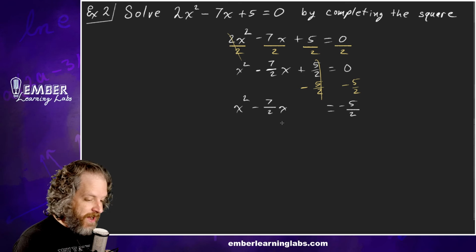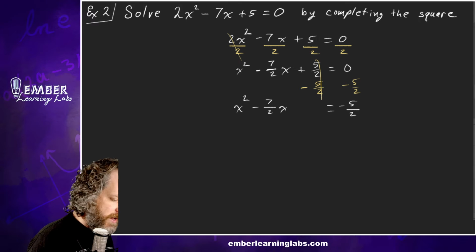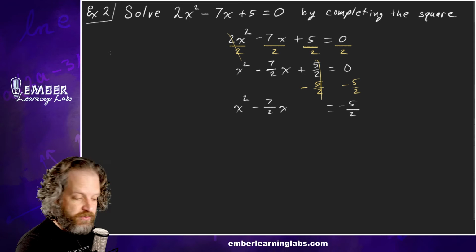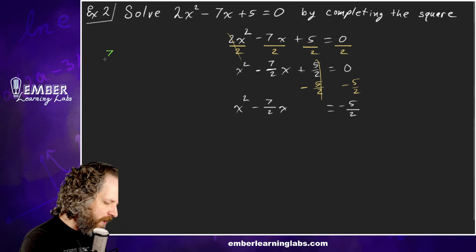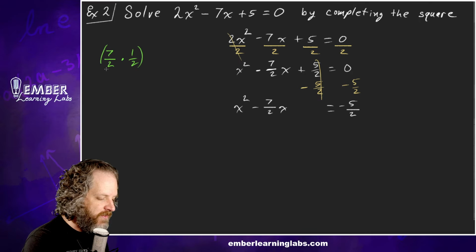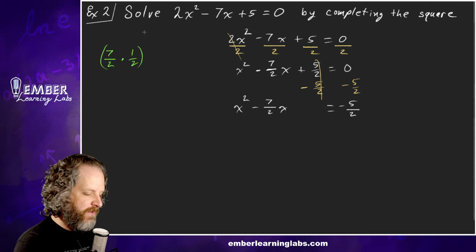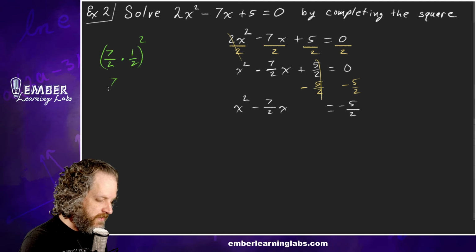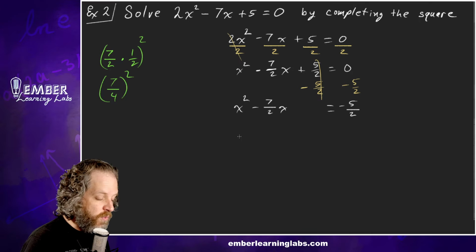Now we need to find the green part here. So we've got to take 7 halves divided by 2, squared. Since this is a fraction this time, 7 halves divided by 2 is the same thing as times 1/2, so it may be easier to think about it that way. 7 halves times 1/2 is 7/4, squared.